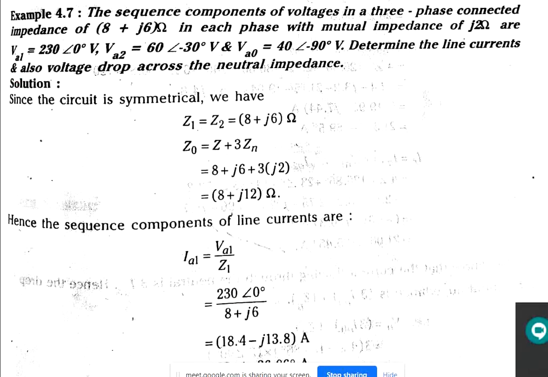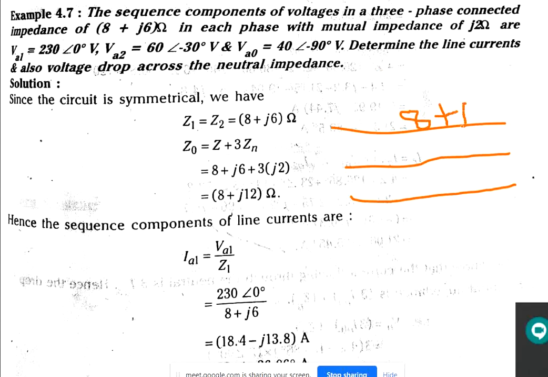So this is one line and here one line, and these are the three lines. In each line the voltage drop is 8 plus J6, resistance and reactance given.